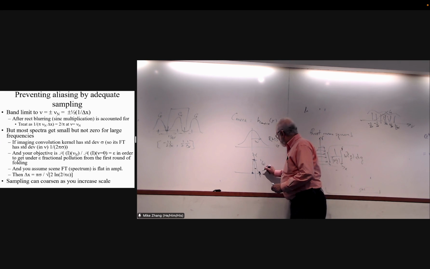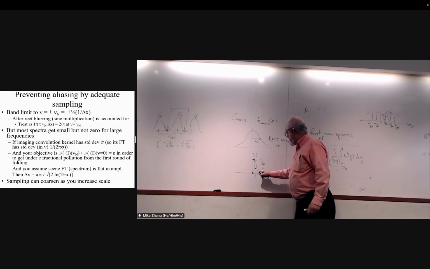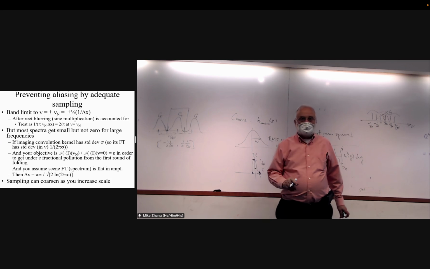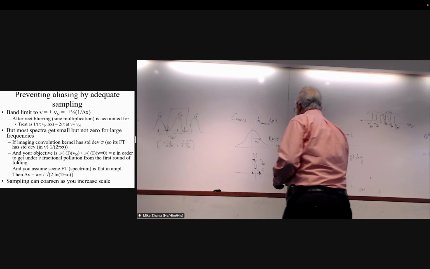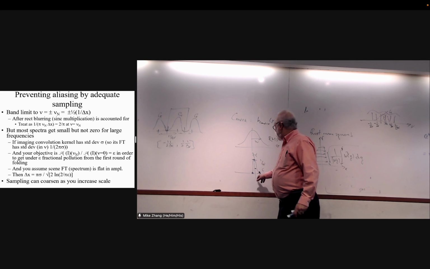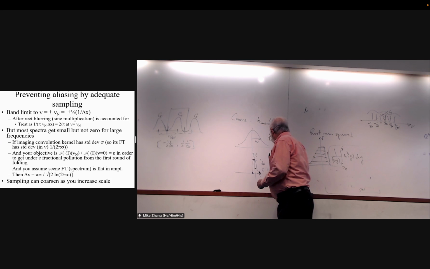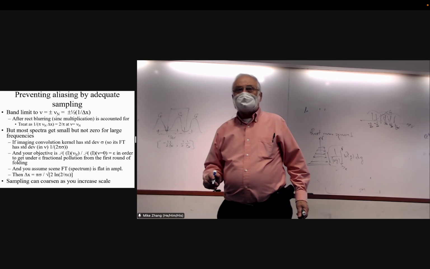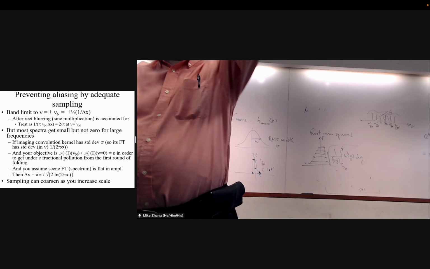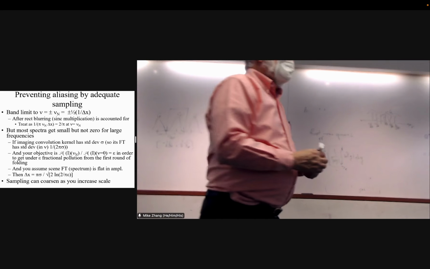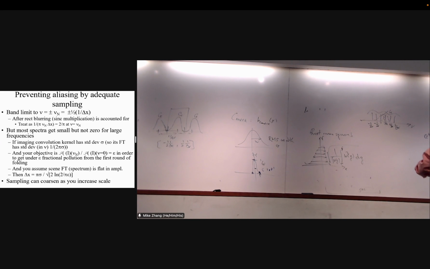Okay, so if I have some epsilon, which is the relative value of this to this, that I'm willing to endure, say epsilon is 0.01, that is to say this guy should have fallen from whatever it was at 0 to 0.01 of the 0 frequency value. If I tell you an epsilon, I can figure out what the sampling should be. And this is what it comes out to be when you do that analysis.